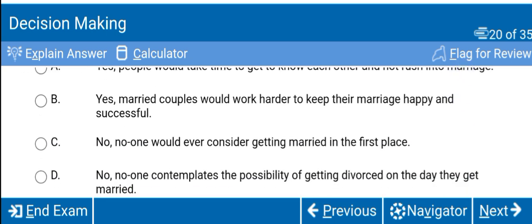Option B, yes, married couples would work harder to keep their marriage happy and successful. Option C, no, no one would ever consider getting married in the first place. Option D, no, no one contemplates the possibility of getting divorced on the day they get married.